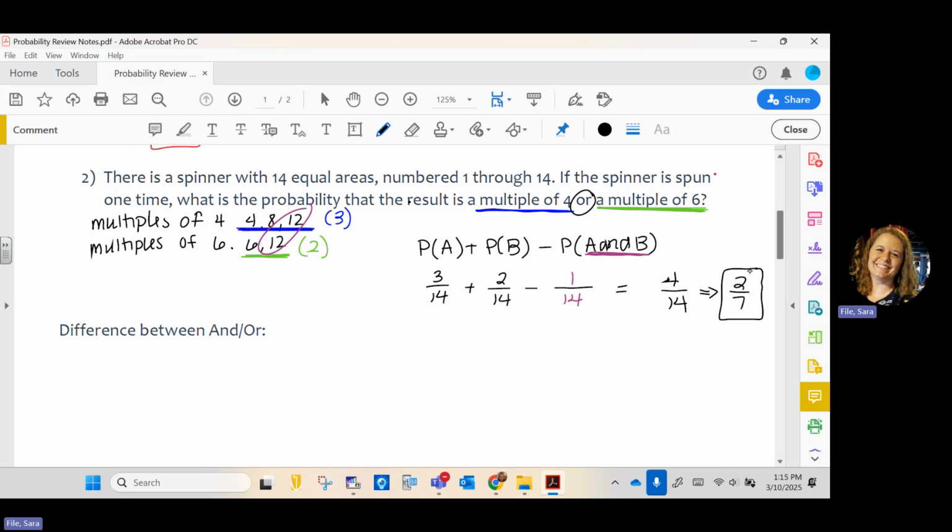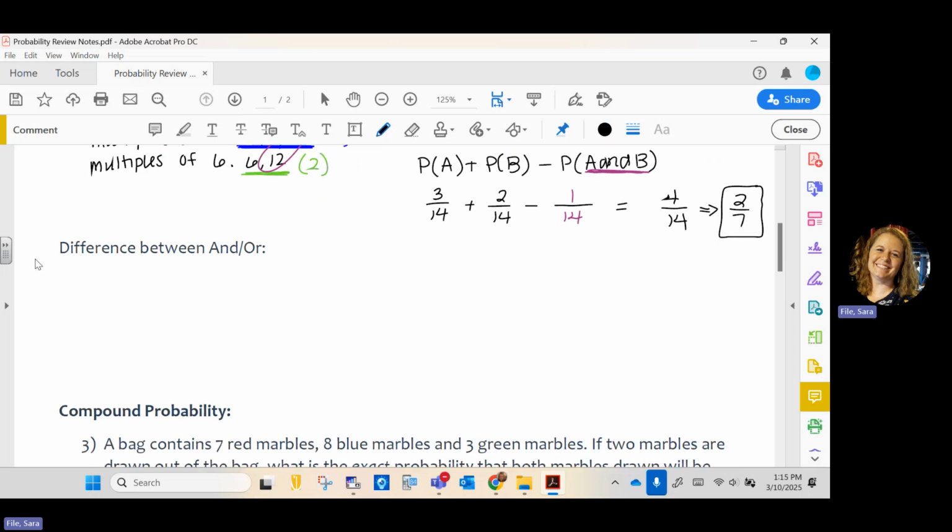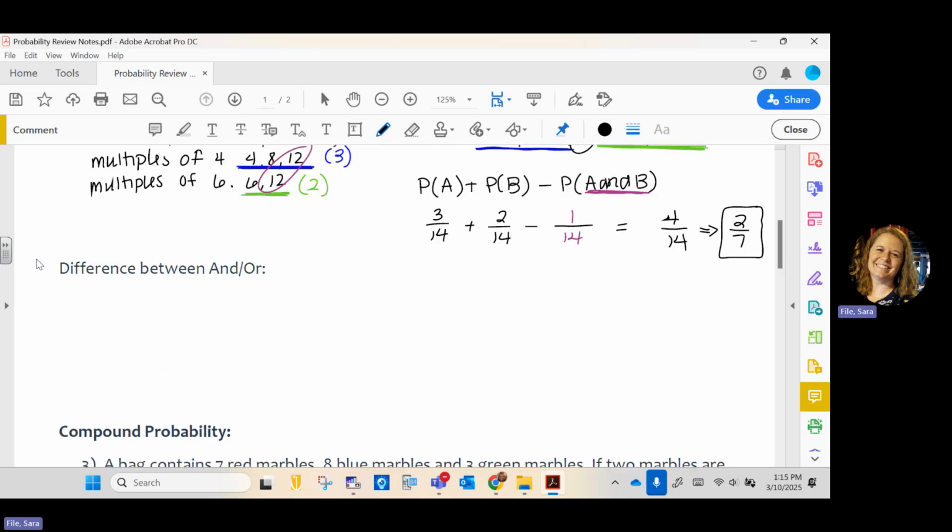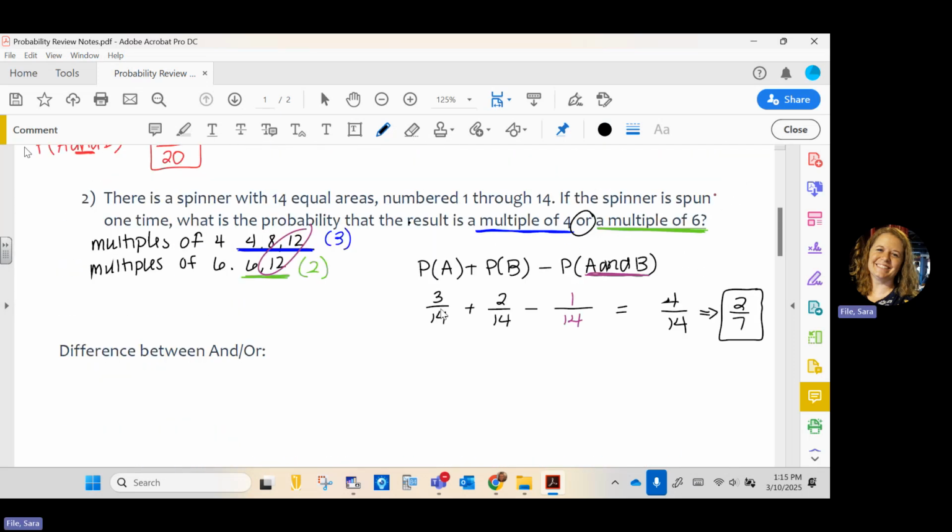All right. Now, when we get into compound probability, some of you, rather than writing it out as the formula, may have just counted. You would have been like, okay, there's 1, 2, 3, 4 different numbers in my list. So there's 4 different possibilities out of 14.